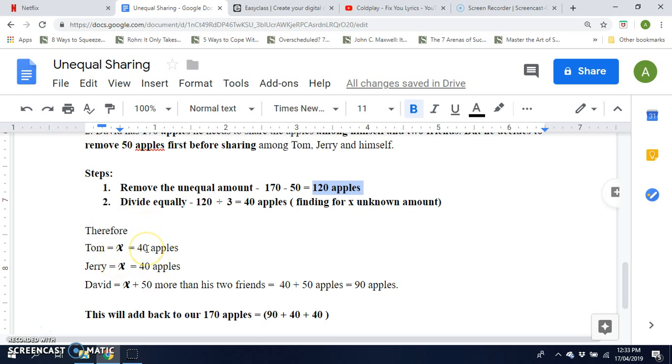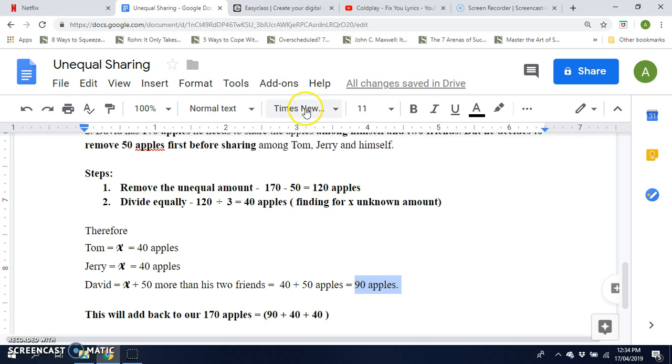He says, here, Tom, take 40. Here, Jerry, you take 40. And I keep 40, right? And then they said, okay, well, thanks, and they go their way. And then David walked back by the bush and he finds his 50. So David has 40, and then his 50 that he hid, he has 90.